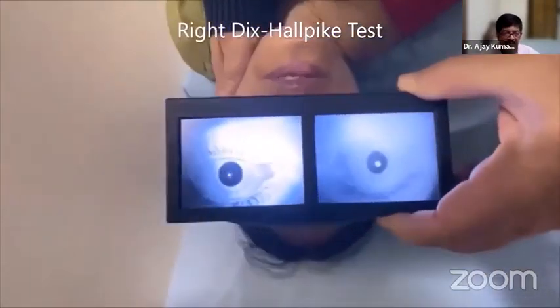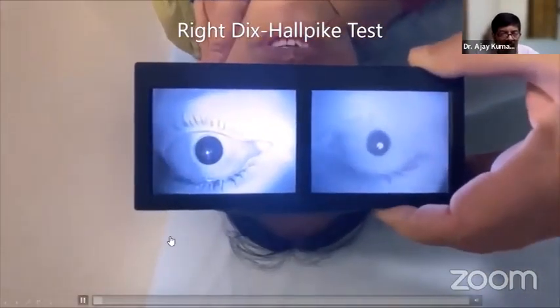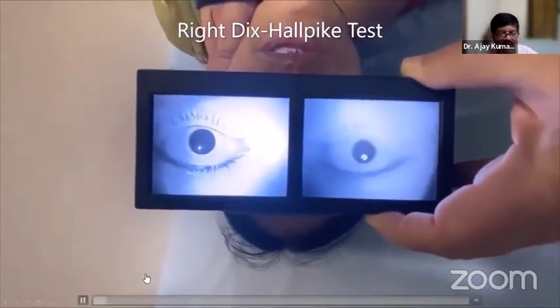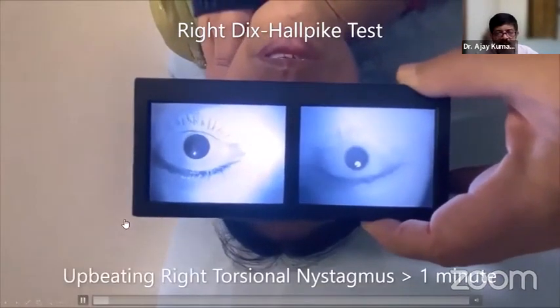So this is a lady, around 41 years old, who came with a history of positionally triggered spasms. The right Dix-Hallpike test shows an upbeating right torsional nystagmus of more than a minute.